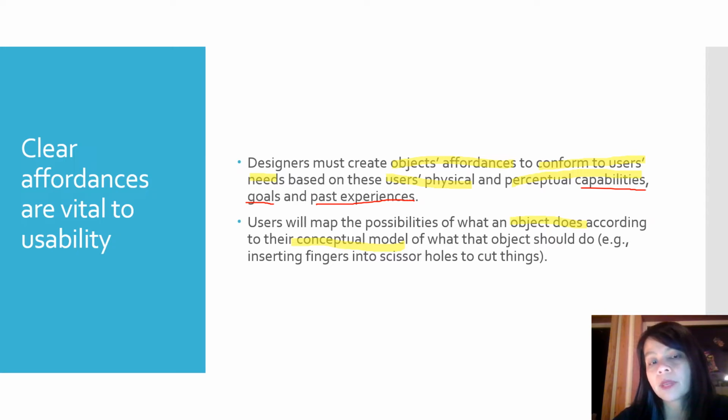So think about that. The users are going to map what the object does according to what they believe it should do. Okay? For example, inserting the fingers into the two scissor holes to cut things. Okay, that's an example of affordance. Those two scissor holes give you the affordance to use that scissors.